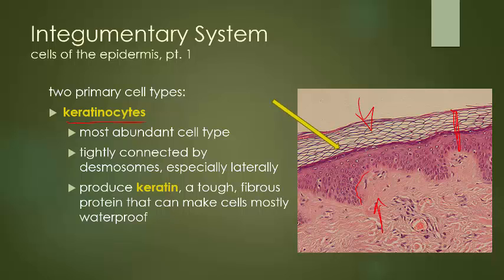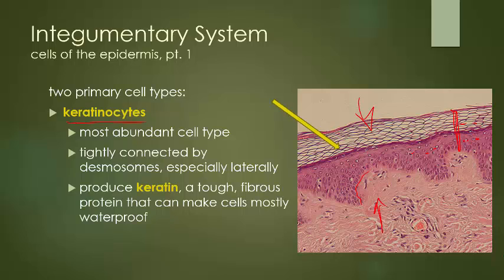And they're tightly connected by those intercellular junctions called desmosomes. And so they hold the skin cells, the epidermal cells, tightly to each other, especially laterally. So the connection from side to side is very strong between the keratinocytes.